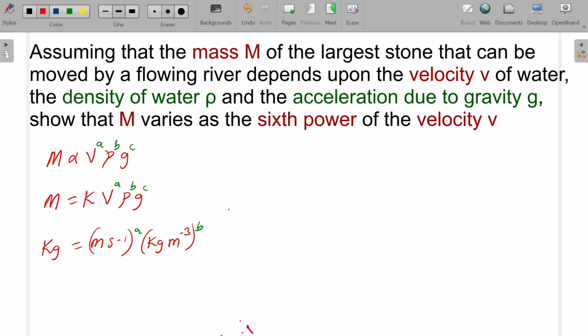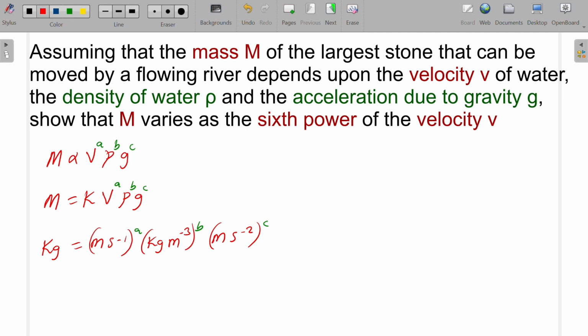Then this will multiply by acceleration due to gravity. Acceleration due to gravity is still acceleration, so it's measured in meters per square second, and this also is given to the power of c. So that's how we do it for the next step.